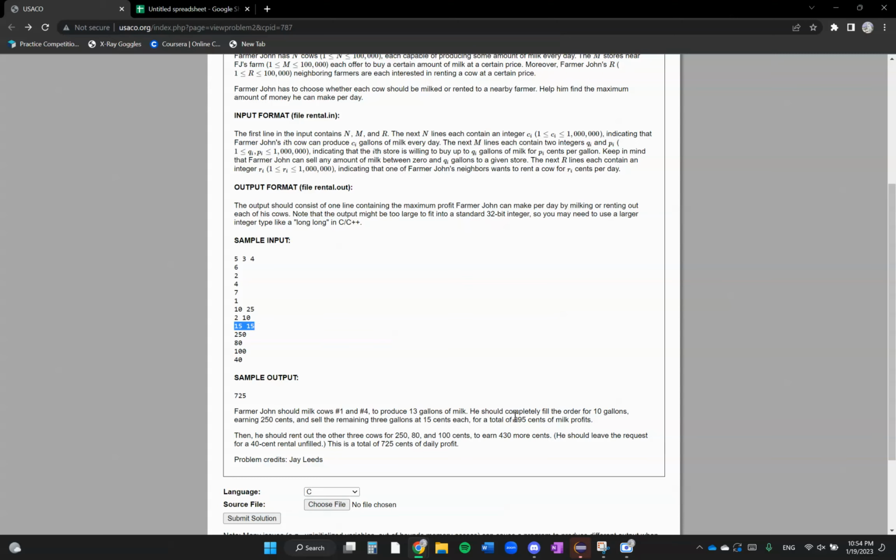So that's a total of 295 cents, and then he should rent the remaining 3 cows for 250, 180 cents to earn 430 more cents, and then if you add that all up, 430 plus 295 is 729.